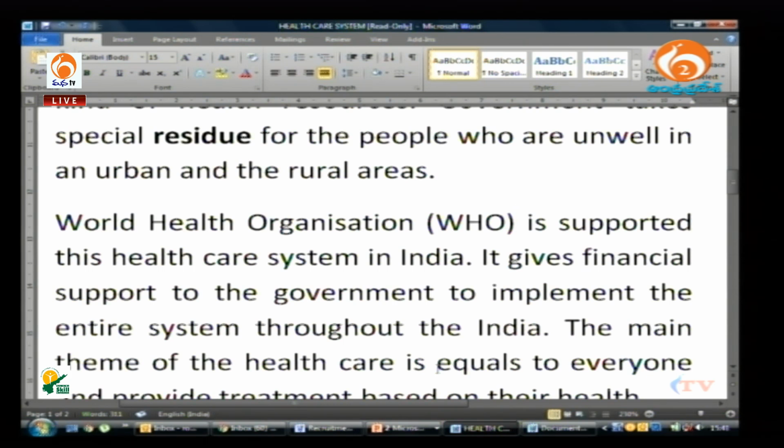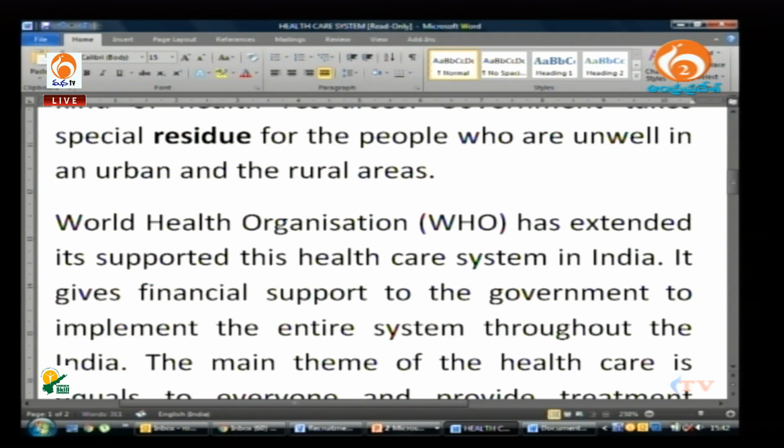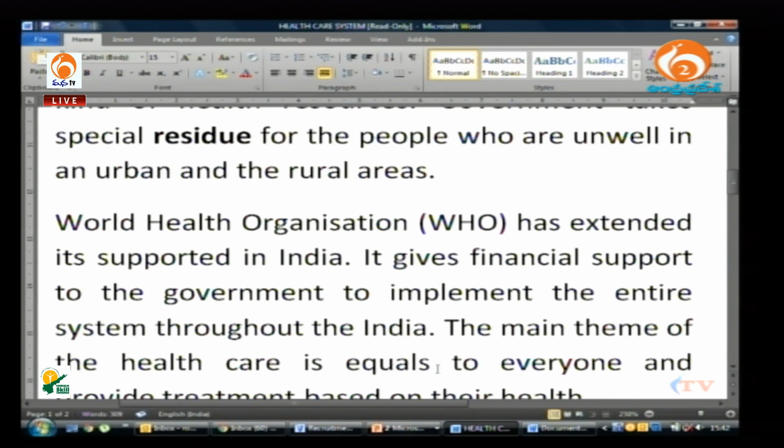No. World Healthcare Organization has extended its support in India. Small sentence. It gives financial support to the government to implement the entire system throughout the India.